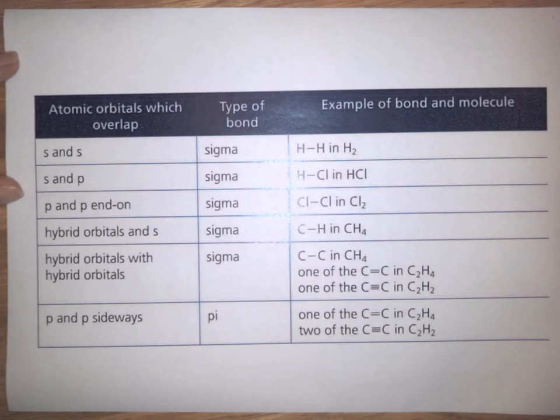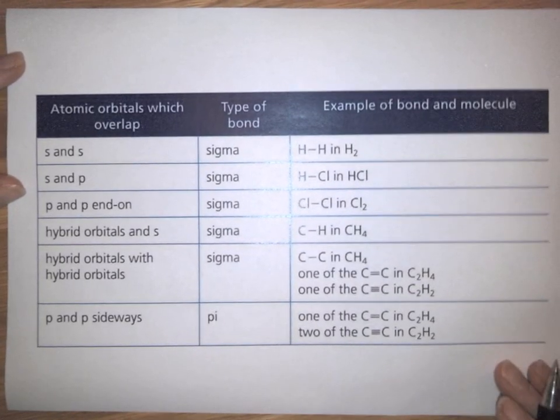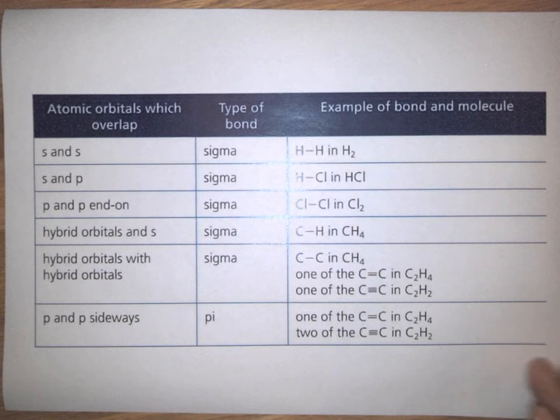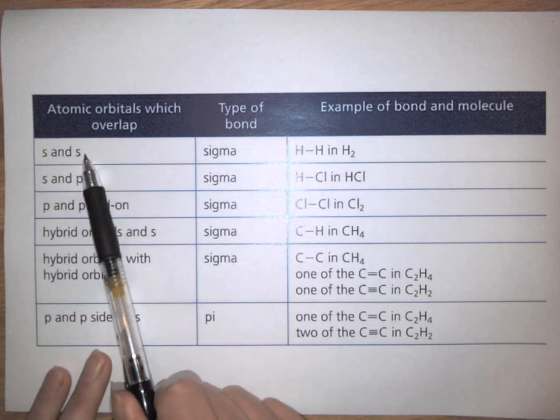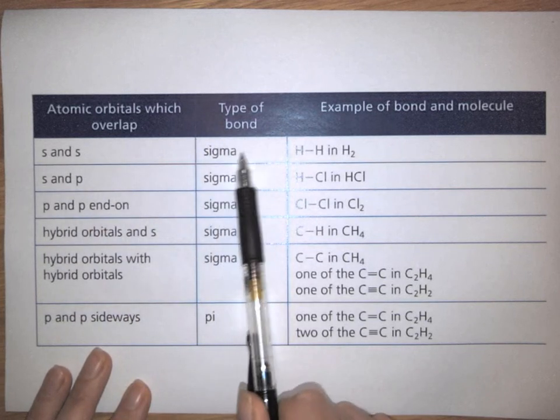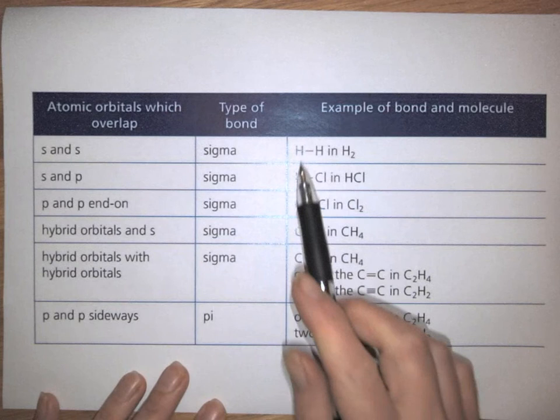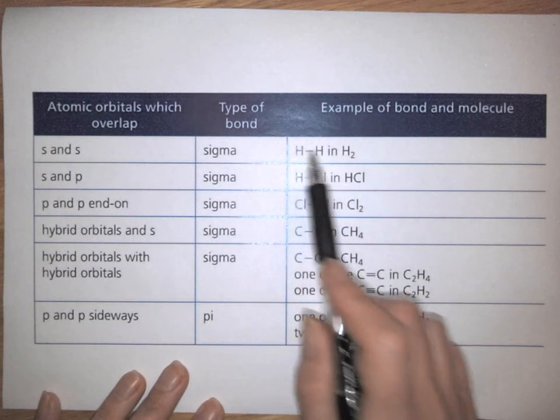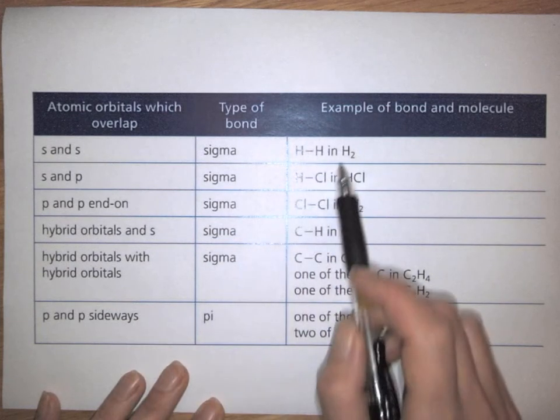The last thing I'm going to show you is a summarization here. What kind of bond will be created depends on what kind of atomic orbitals we can see overlap. If we have two normal s orbitals together, they will create a sigma bond. And that can happen, for example, between two hydrogen atoms in hydrogen gas.